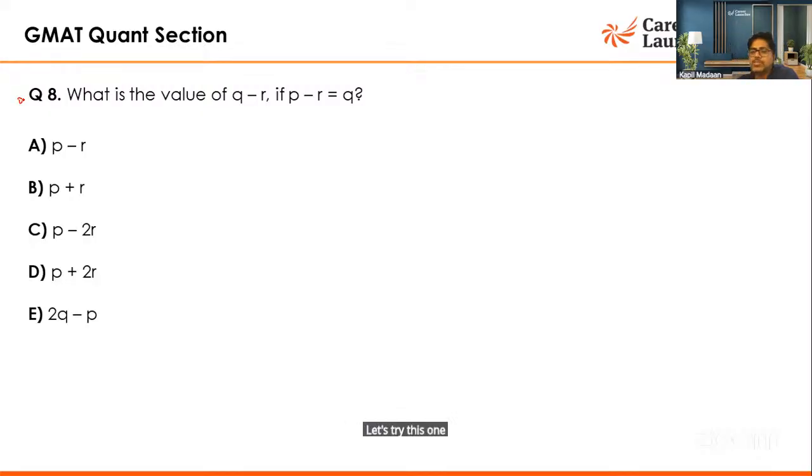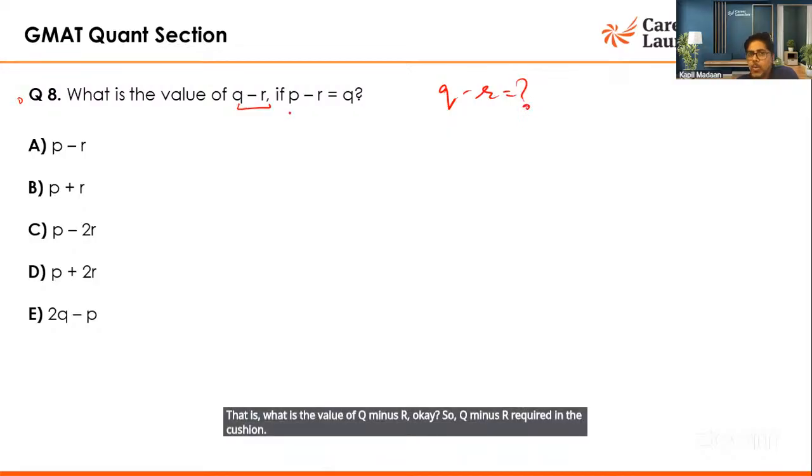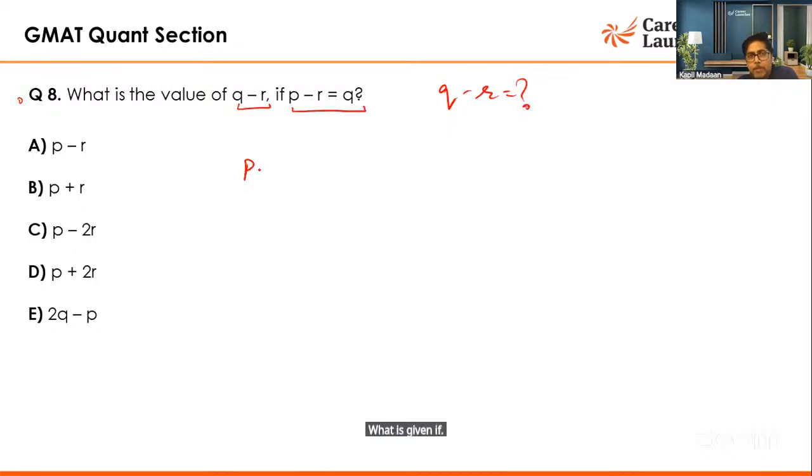So here, what is the question all about? What is the value of q minus r? Okay, so q minus r is required in the question. What is given? p minus r is equal to q. Now, if p minus r is q and q minus r is required, what can be done on both sides?